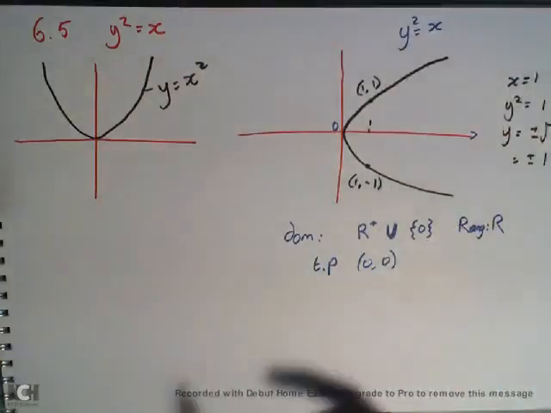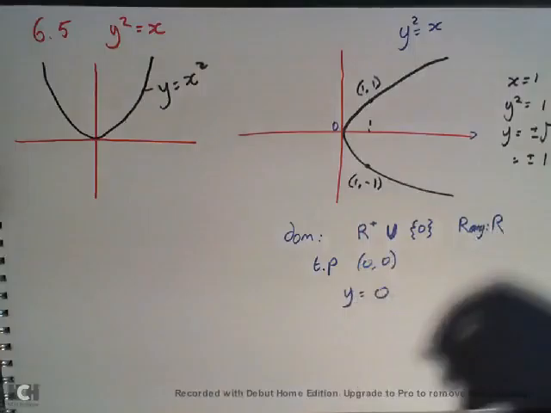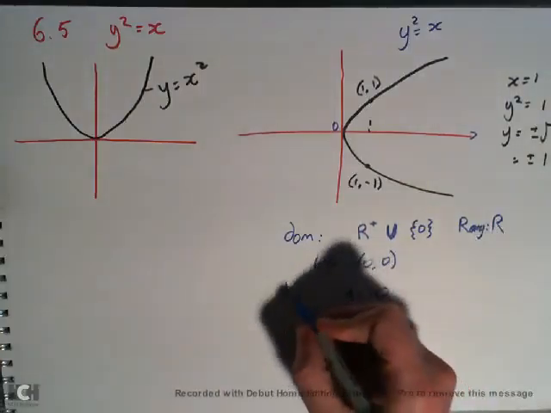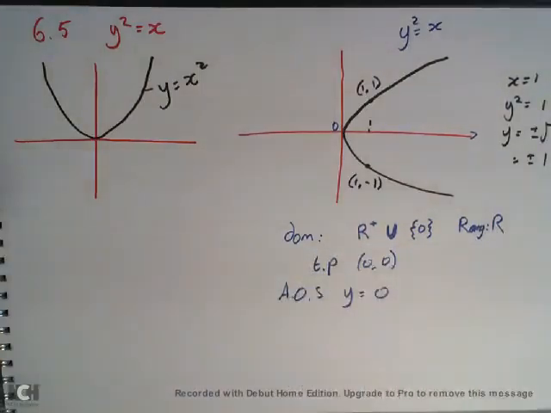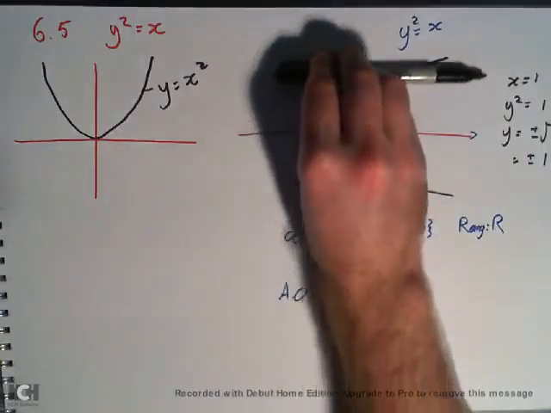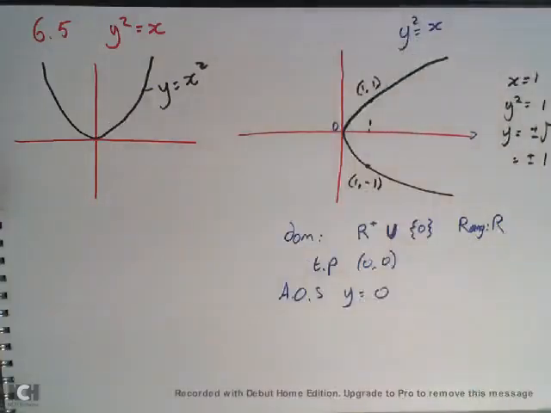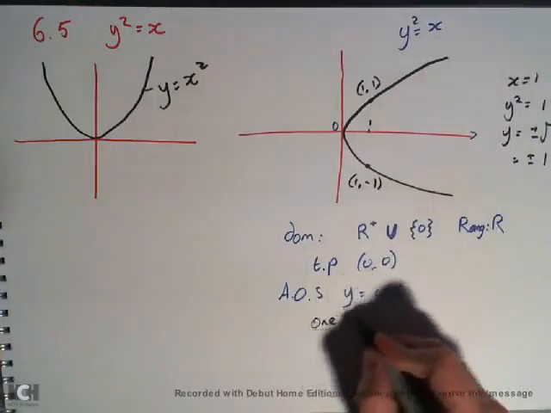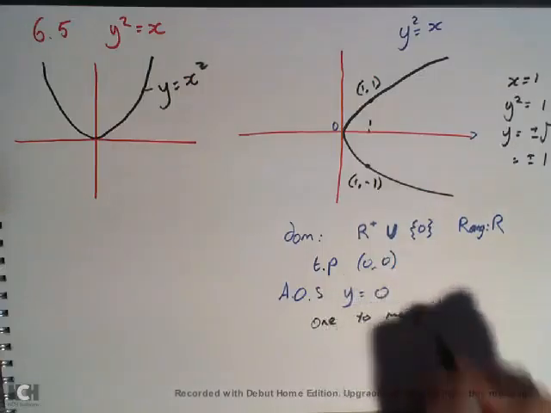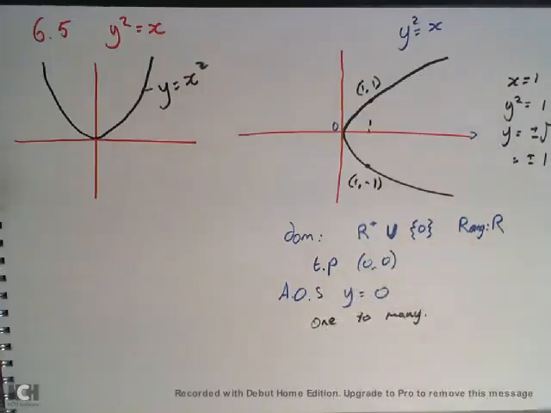So you can say the axis of symmetry is the horizontal line y equals 0. And for our relation test, it's going to be 1 to many. So it is a relation, it's not a function.